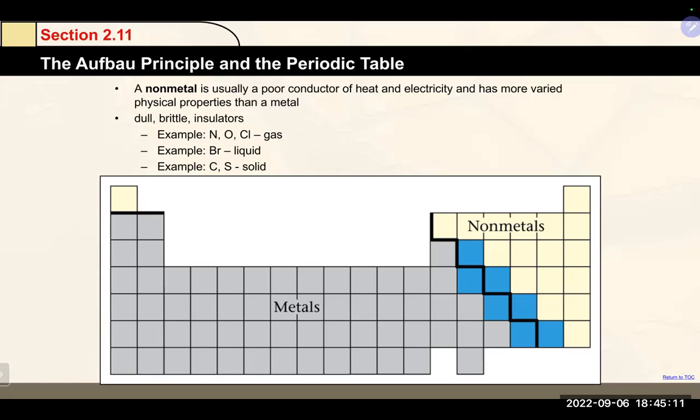And again, for the most part on the periodic table, the upper right is where you can find those guys, past that staircase, along with our hydrogen, which is over there. A lot of the non-metals are our diatomic molecules: our hydrogen, our oxygen, our nitrogen, our fluorine, our chlorine, our bromine, and our iodine. So a lot of those elements we talked about are also diatomic molecules, and they are a lot of the non-metals that we have going on.